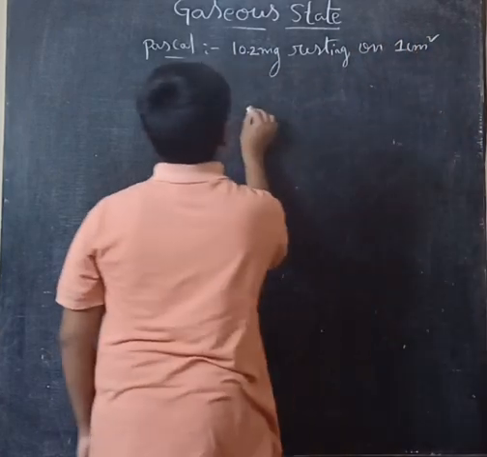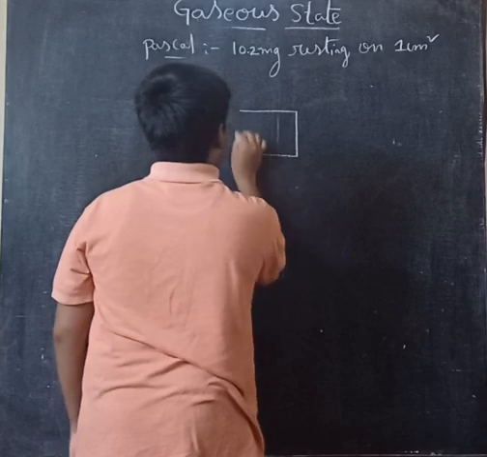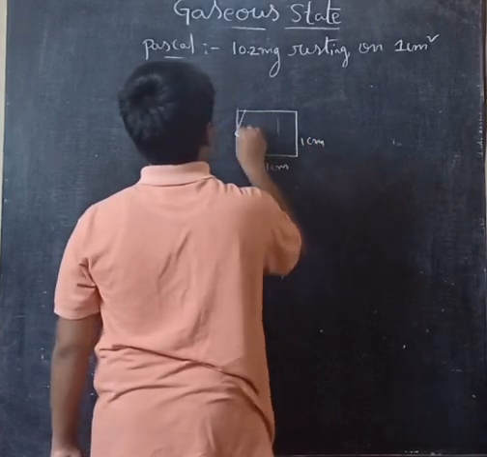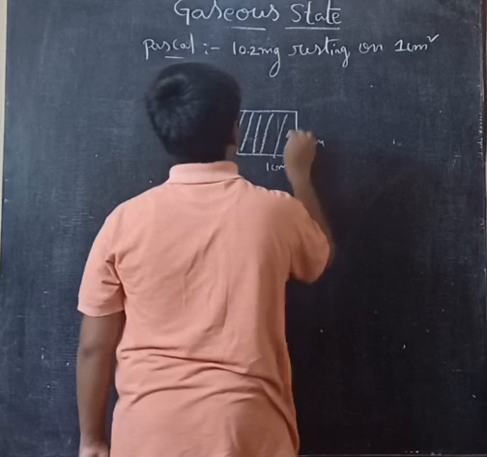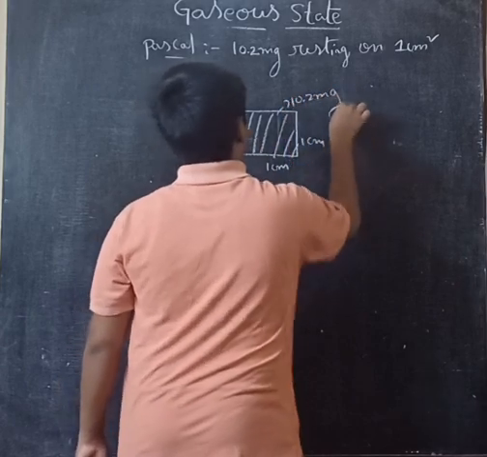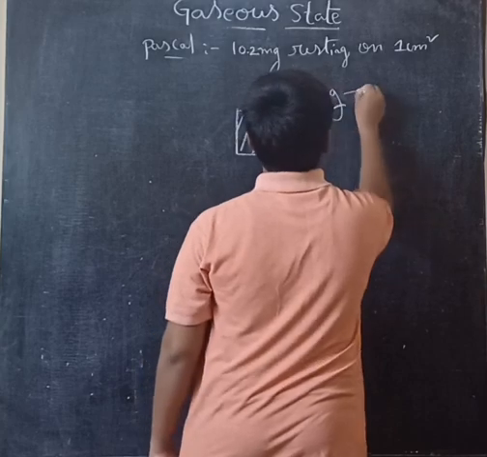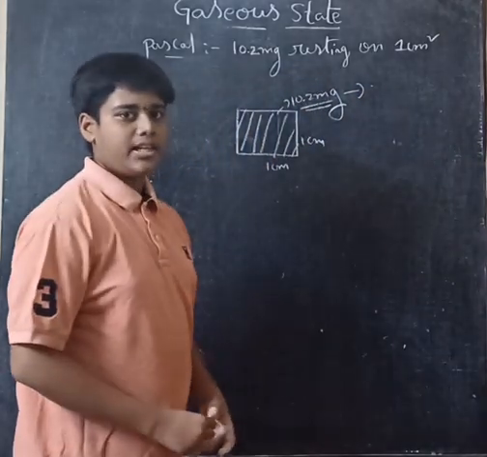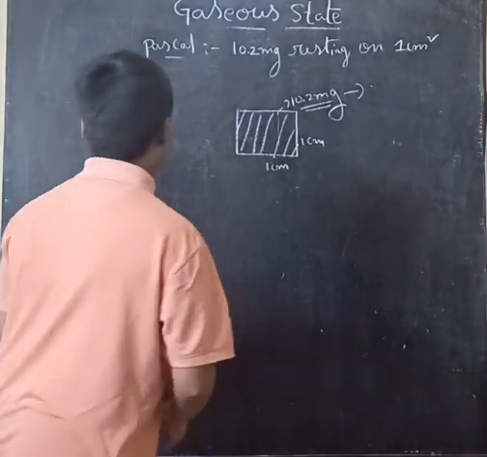If I take this as 1 centimeter by 1 centimeter, this full area, the 10.2 mg I am taking rests on this particular area, and that is known as Pascal.